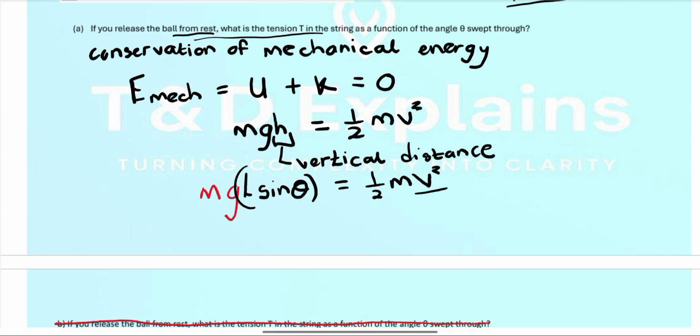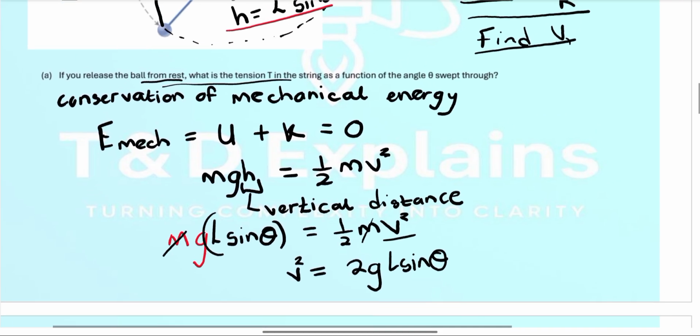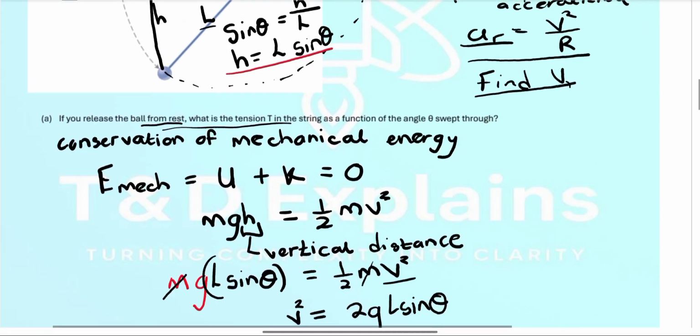Remember our goal here is to find velocity. So the m will cancel, and we get v squared equals 2g L sine theta. This is our expression for velocity.